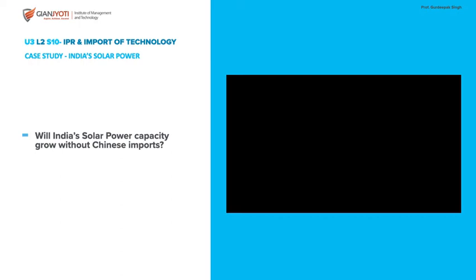They are the biggest in solar energy devices and equipment. So will India's solar power capacity grow on its own by coming up with its own solar cells? Because 80% of the solar equipment, we are buying from China. So let's look at a video and then you can answer this.